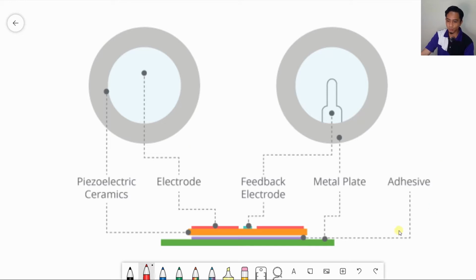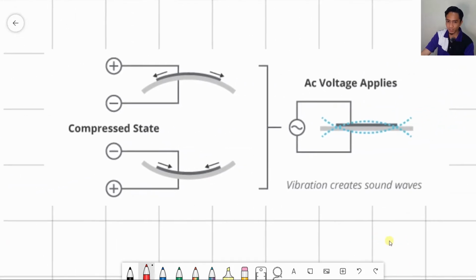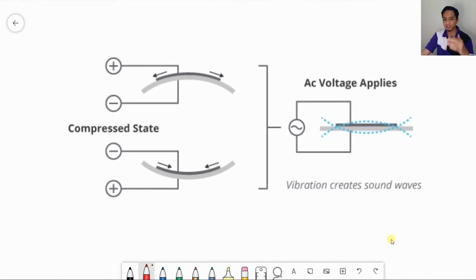Here I show you an example of the movement. When an alternating voltage is applied to the piezo ceramic element, the element extends and shrinks diametrically, like this. It shrinks at the upper and lower parts of the ceramic plate, which makes it vibrate rapidly.